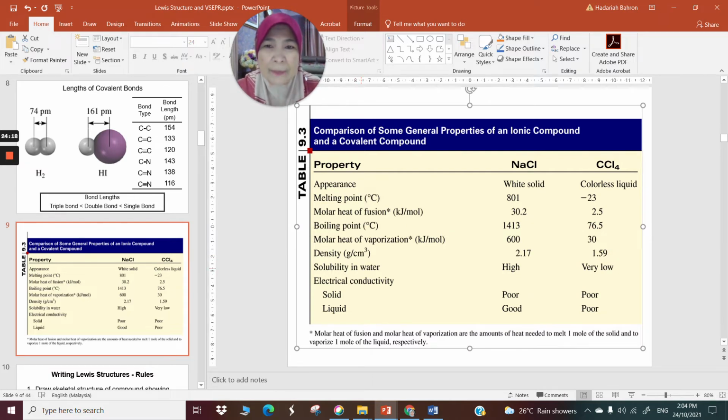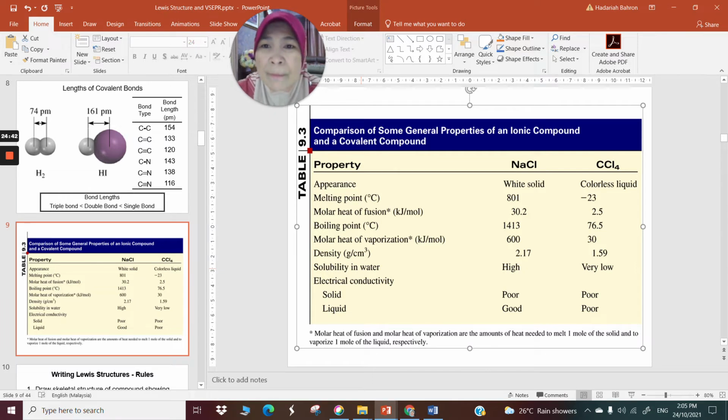Now ionic compounds are polar, very, very polar, because we see that sodium becomes sodium plus, chlorine becomes chloride, positive charge, negative charge, very, very polar. And water is a polar molecule. We all know that water is a polar molecule.